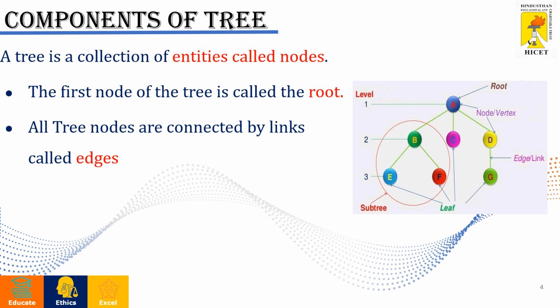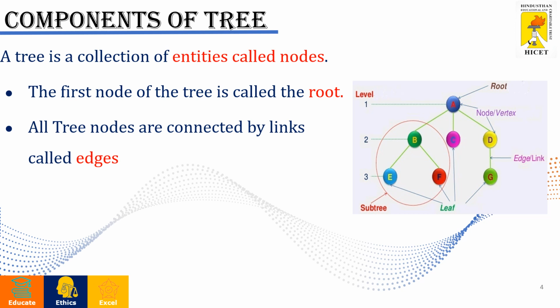So from the diagram you can see B, E, F is a subtree, where B is the parent of E and F. E and F are children of B, and E and F do not have any children or subnodes, so they are also called leaf nodes. These are the nodes in the last level. Here from the diagram, the last level is the third level. The nodes in the third level do not have any children, and they are called leaf nodes.